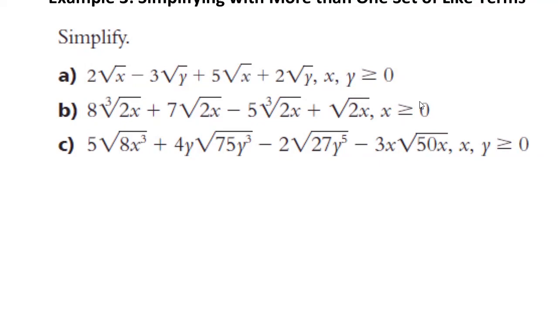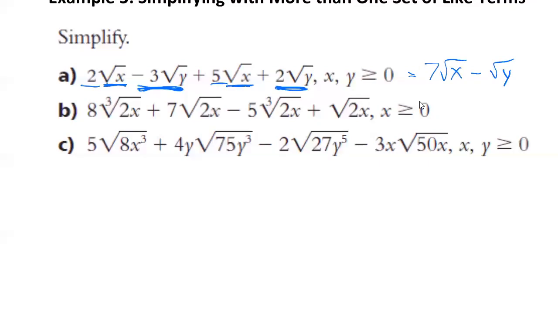If I'm looking at question A, this is square root x, this is square root x, so I can go 2 plus 5 gives me, I hear you all saying it, 7 square root x. And then I can go minus 3 root y and plus 2 root y to get minus 1 root y. And again, you wouldn't write the 1 in there.